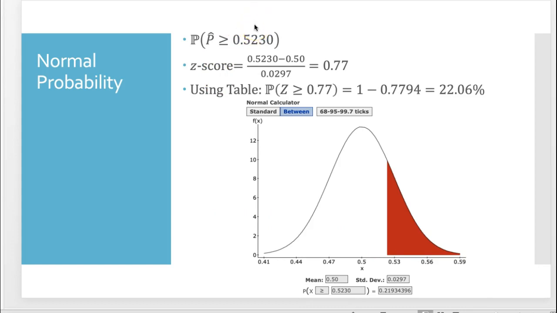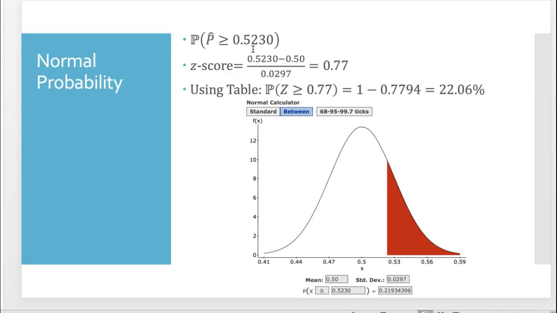It was 52.30%, but given different samples, we get different numbers out, and this is one of them. So we're just asking, it is definitely greater than 50%, but is it enough for us to conclude that kids are more likely to select the candies?